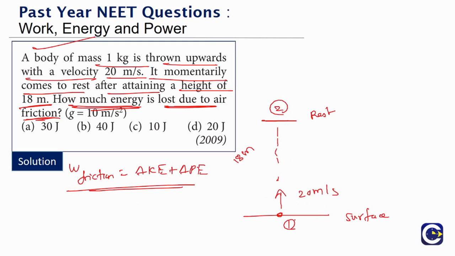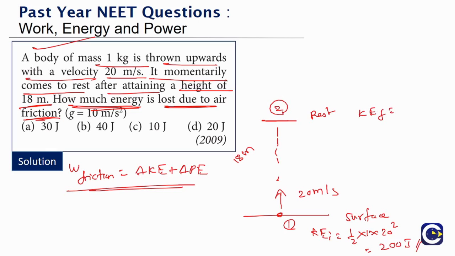Look at this. When we are projecting it, what is the initial kinetic energy? Half into mass, which is 1, into 20 squared. 20 squared is 400, by 2 is 200 joules. What about the final kinetic energy?